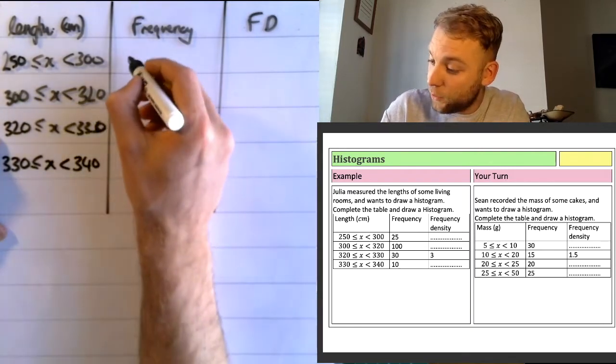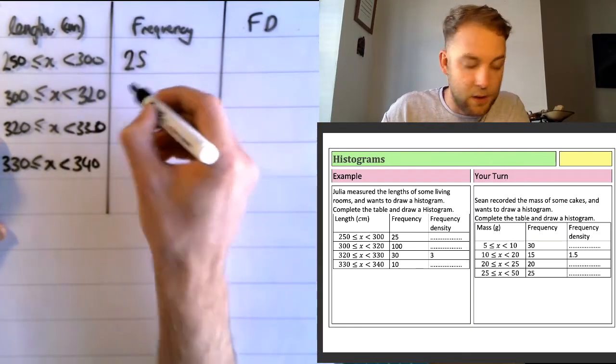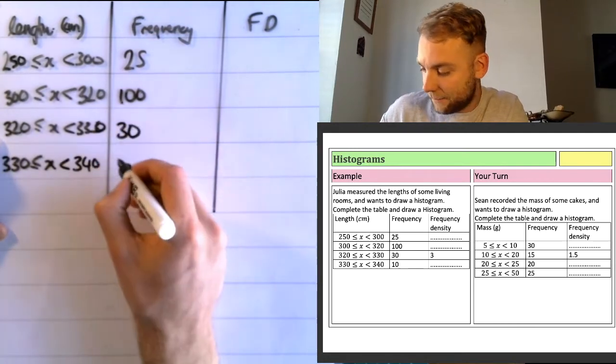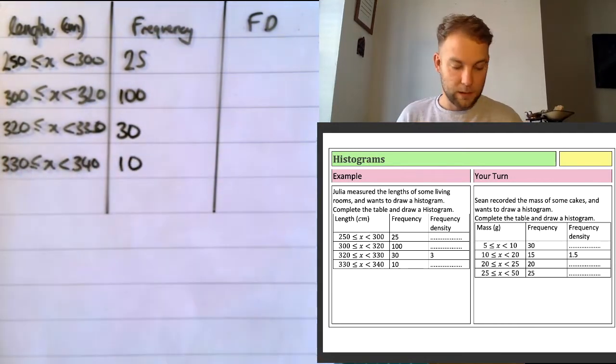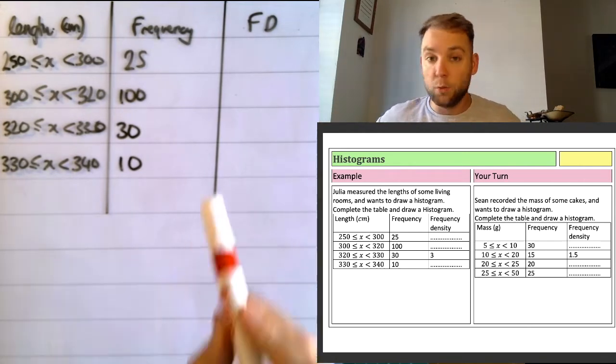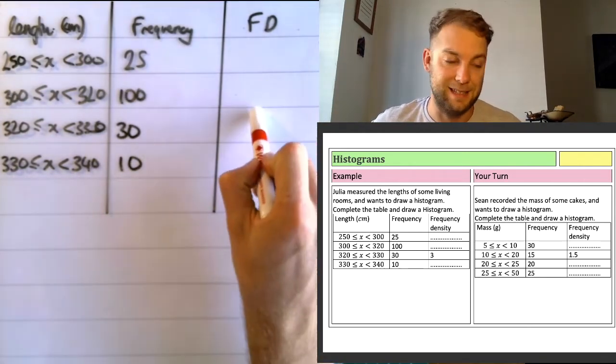And we have our frequencies here, which are 25, 100, 30, and 10. Brilliant. So what we're doing here is we need to work out our frequency density, okay?